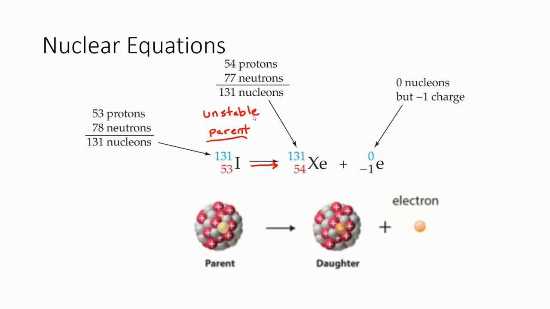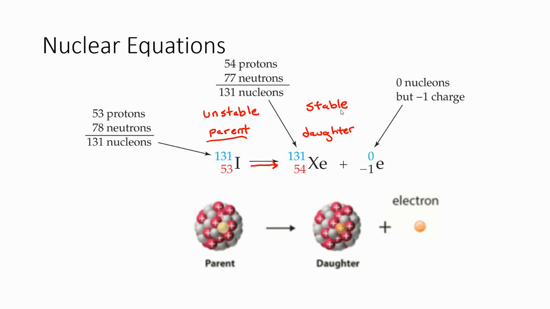But the process of decay means that some particle or some form of energy is released as the parent isotope decays into what's called a daughter isotope. And that daughter isotope, without fail, is always going to be at least more stable, if not completely stable, compared to the parent isotope.